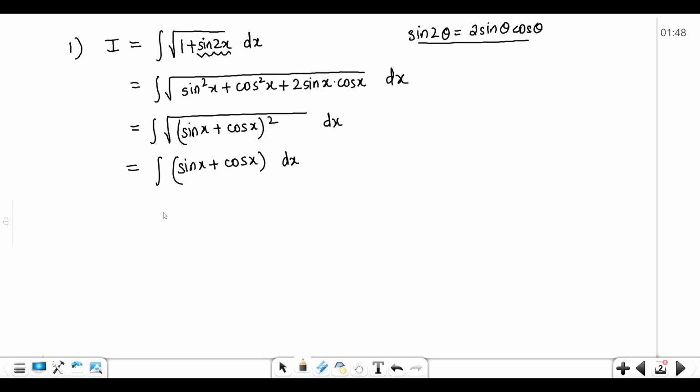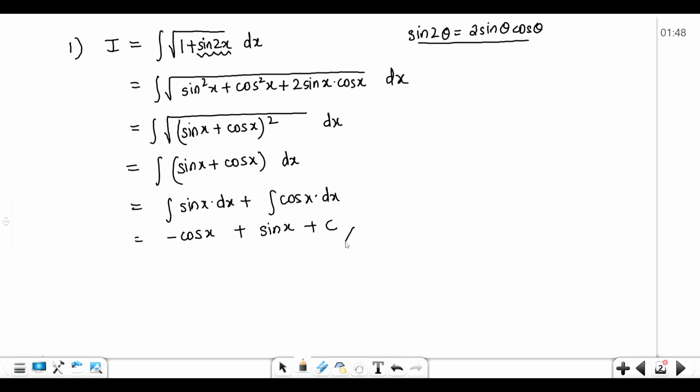So we'll integrate individually, that is integration of sin x dx and integration of cos x dx. The integration of sin x is minus cos x and the integration of cos x is sin x, plus c, the constant.